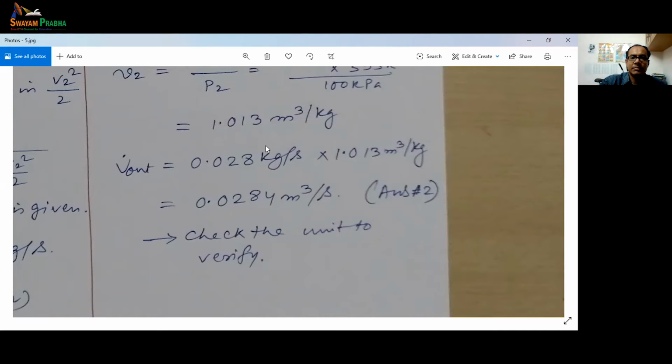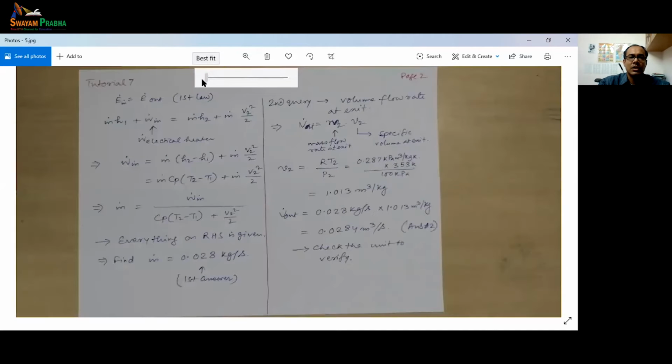You are multiplying kg per second and meter cube per kg, so this kg cancels out and you have meter cube per second. So if you have this habit of checking the units, you will find that often we make mistakes, and you can find those mistakes by checking the units. So please make it a habit of checking units in each step of your problem.